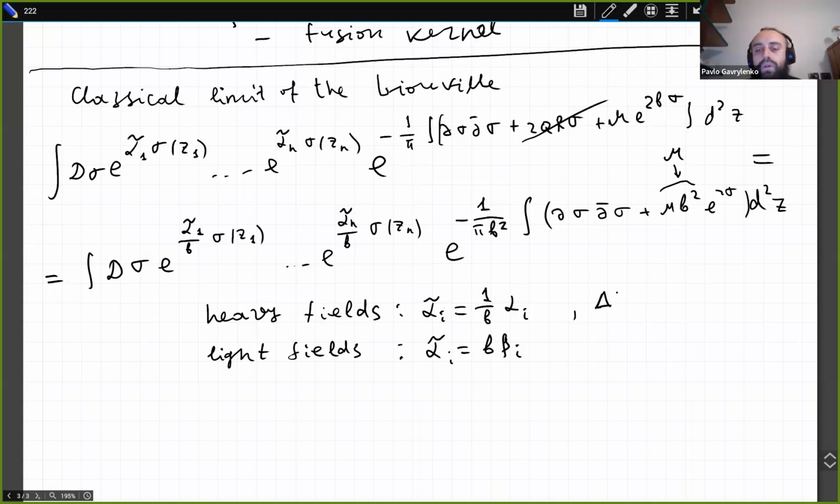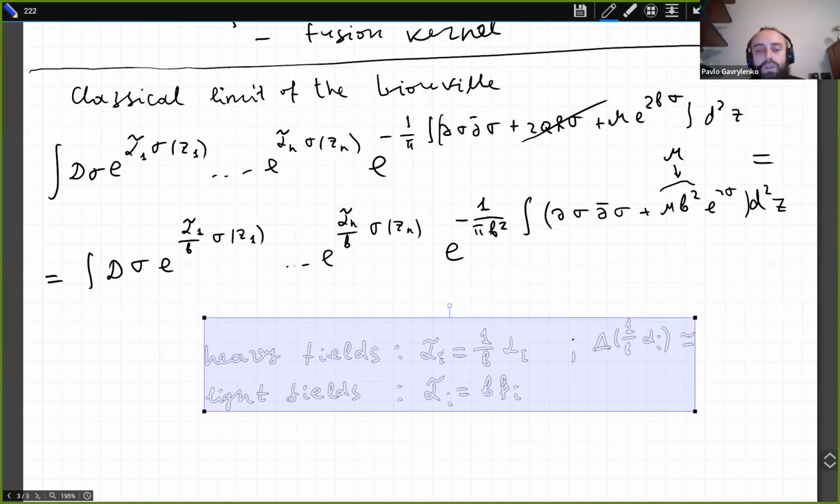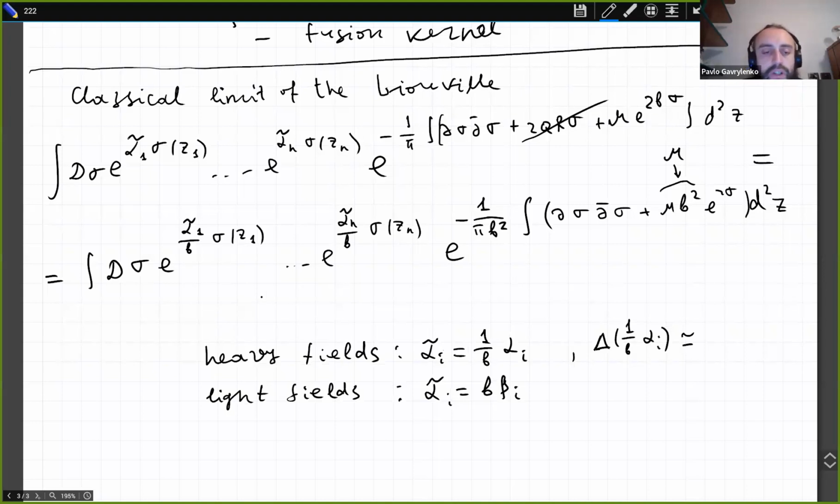Delta of 1 over b alpha I is... so let us write on the scaling of Q and C. So Q is of order 1 over B, so it goes to infinity, and C is of order 6 over B squared, so it also goes to infinity. B goes to 0.